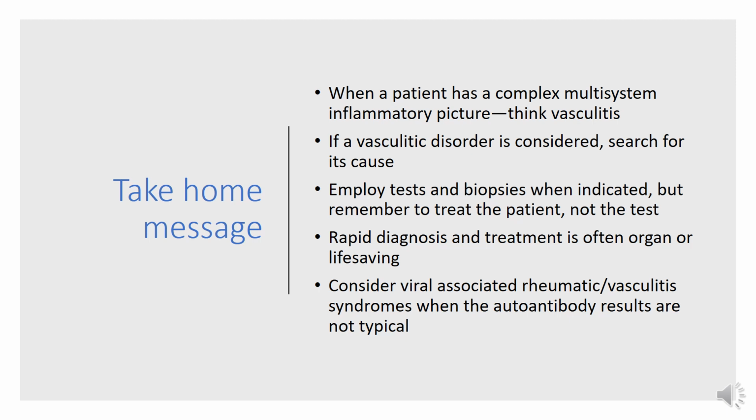And the summary: when a patient has a complex multi-system inflammatory picture, think vasculitis. If a vasculitis disorder is considered, search for its cause. Hepatitis B virus for polyarteritis nodosa, hepatitis C virus for cryoglobulinemia.